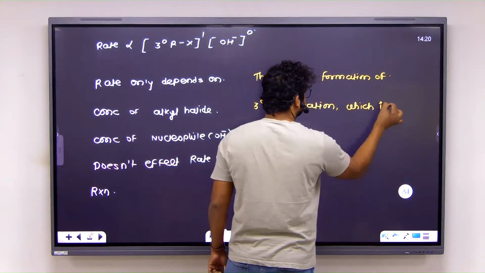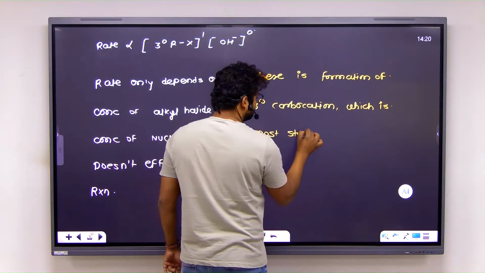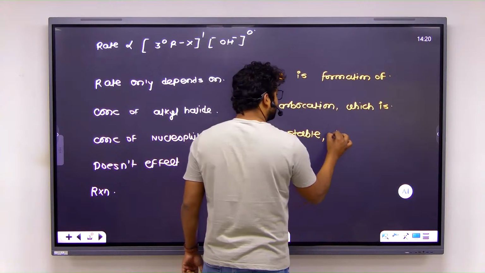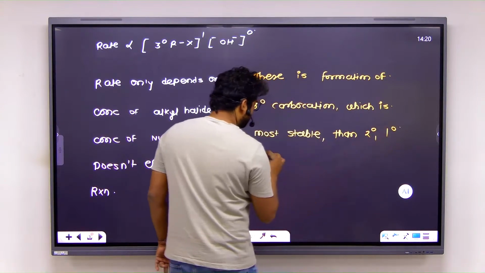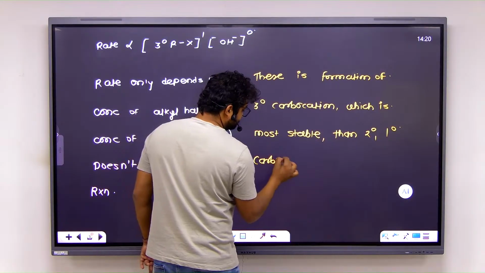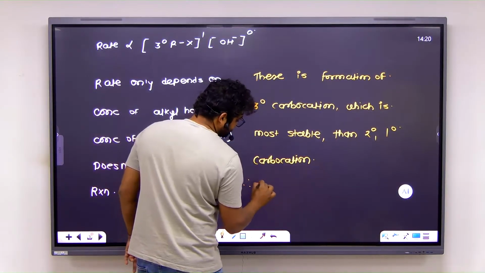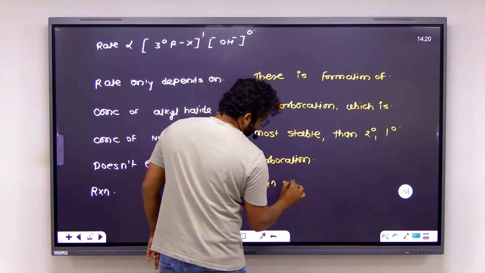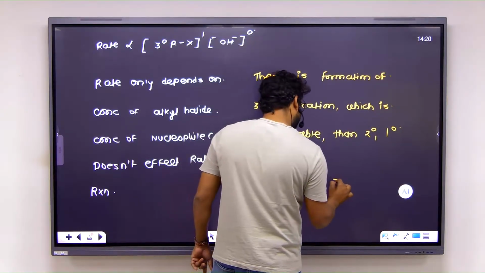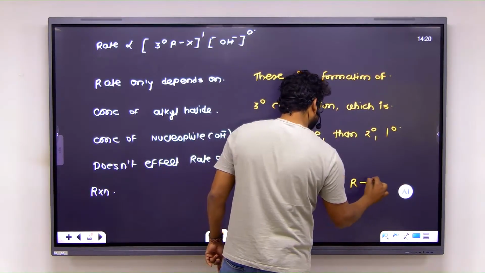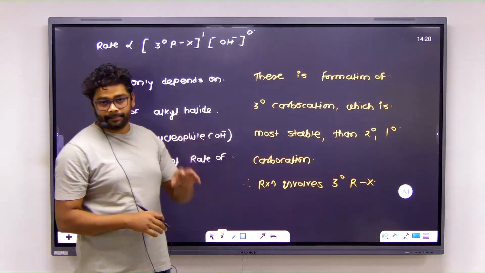Most stable than what? Secondary or primary carbocation. And therefore this reaction involves tertiary Rx, more effective than what? Secondary and primary.